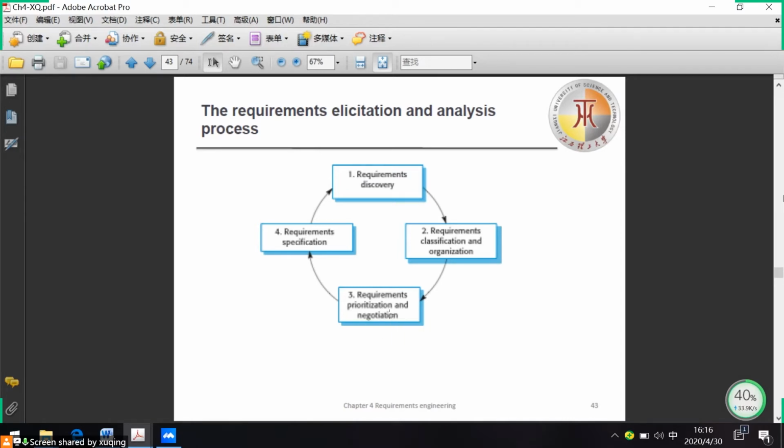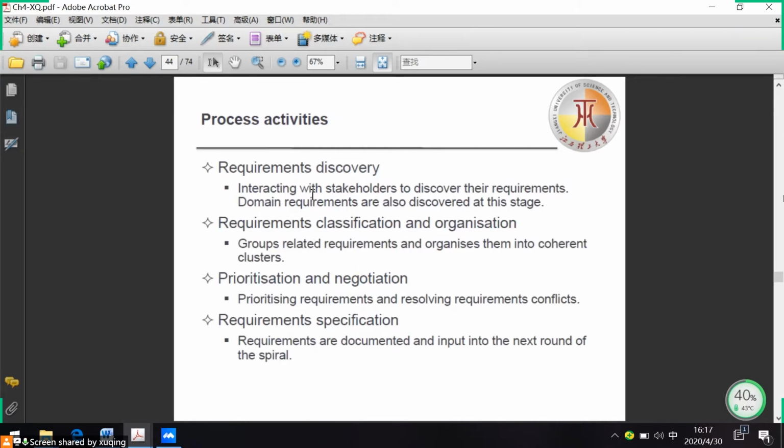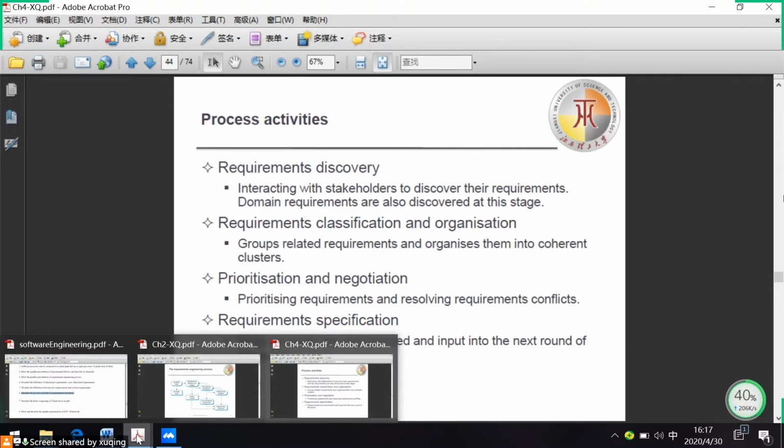For prioritization and negotiation, we prioritize requirements and resolve requirements conflicts. And for the requirements specification, requirements are documented and input into the next round of the spiral. We have also some description here for these process activities. So you can find most of them in the slides in the PDF.